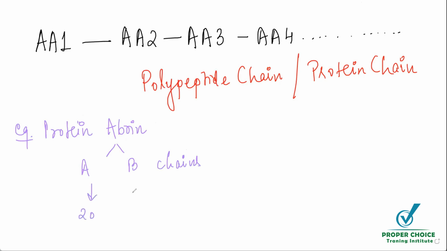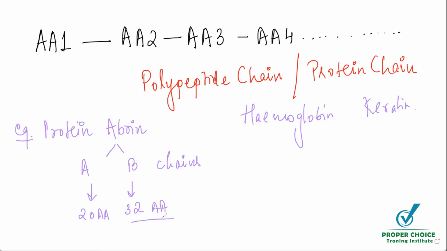One chain is of 20 amino acids, another is of 32 amino acids. So it's exactly variable, depending upon the protein. Hemoglobin will have some other number of protein chains. Keratin will have some other number of protein chains. The amino acid chain will be different. So it's an entirely different thing how many amino acids are going to be there. Okay, clear?